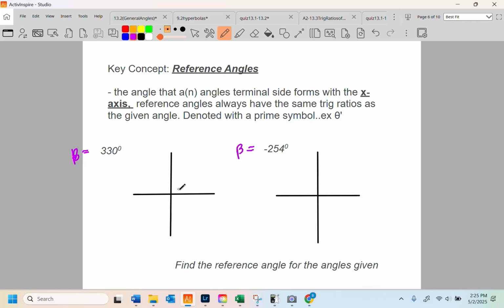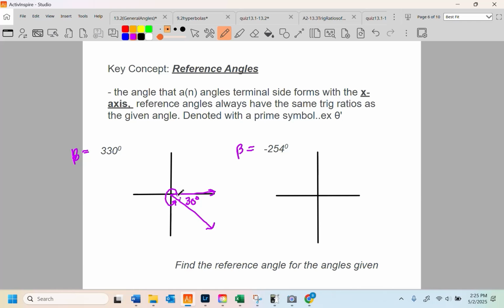So I want to find the reference angle, so I'm going to draw beta. Beta is a 330-degree angle, and it would rotate 330 degrees through quadrants 1, 2, 3, and part of 4. Now, the reference angle here is what's left. It's what it takes to finish the circle, because that's what gets you to the x-axis.